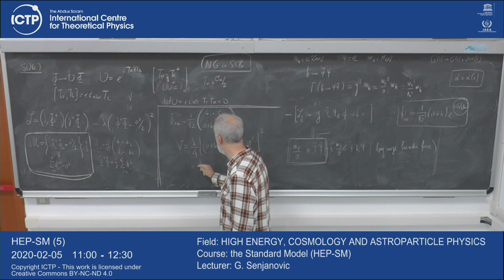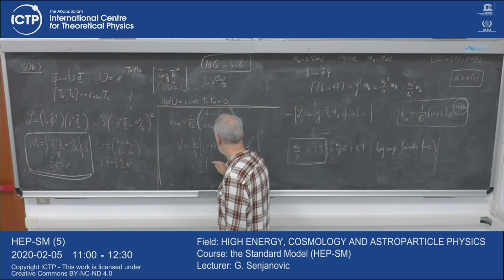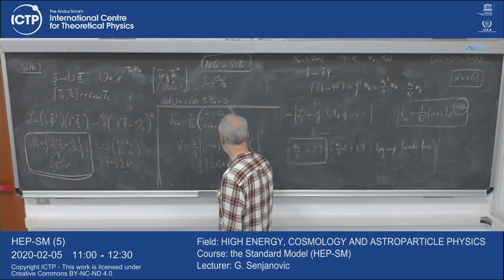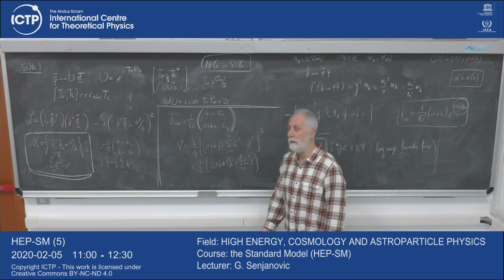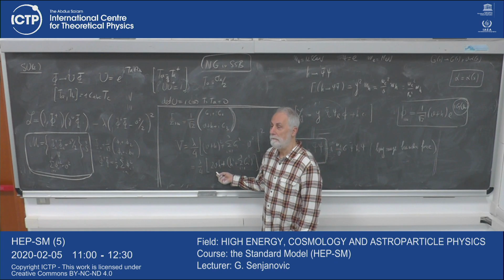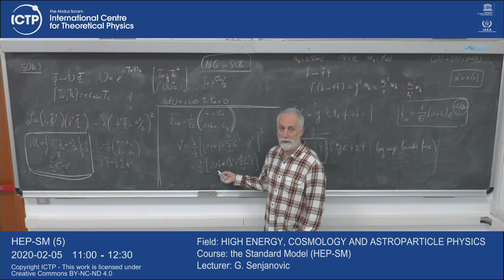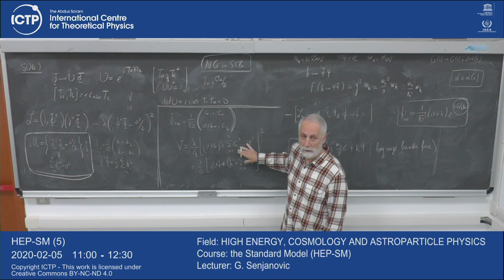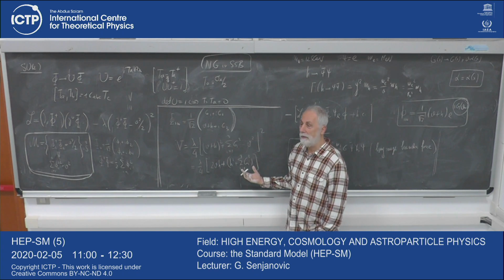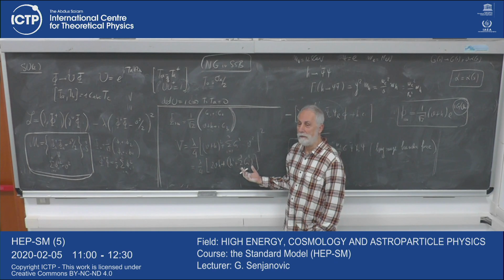This is lambda over 4 times 2vH plus H squared plus sum over G i squared. Notice, always one and the same thing. Regarding H, I'll get the same mass as I got in the real case. If you forget about the G, this is the potential I wrote in the discrete case. If you forget that there are 3 of them, it's the same thing that we got in the U1 case.